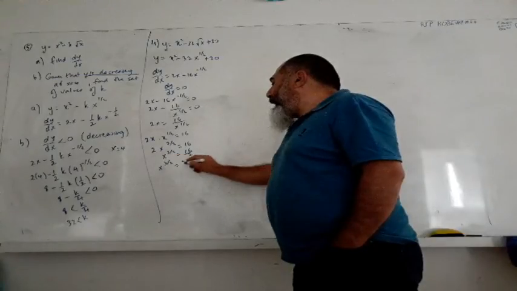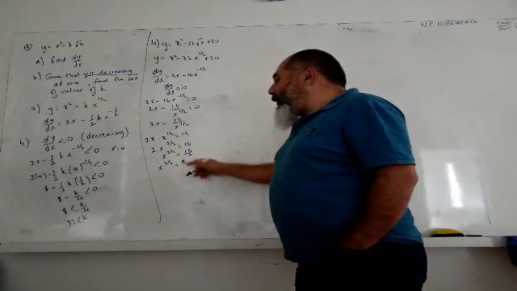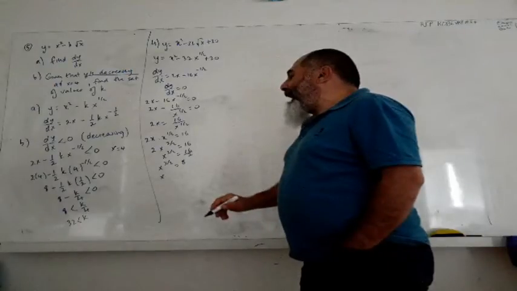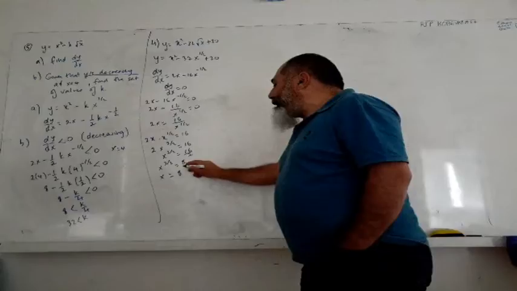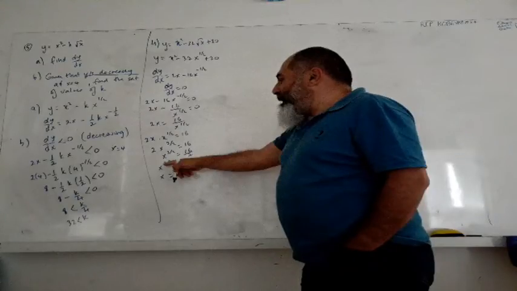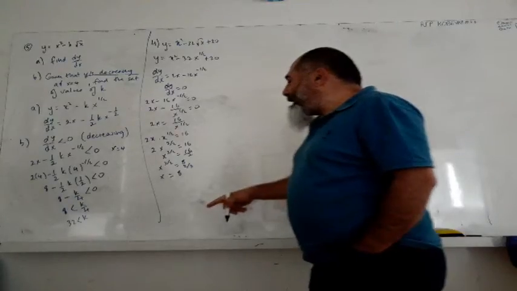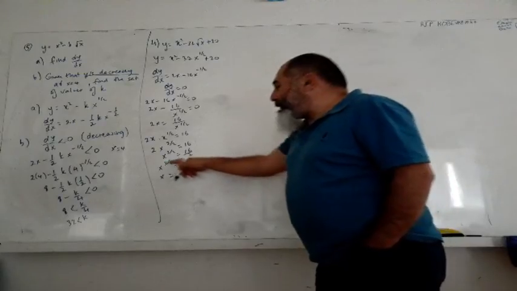So to be able to find the x value, x is equal to 8 to the power of 2 over 3. It was 3 over 2 on the left hand side, so on the right hand side it is going to be 2 over 3. So x is equal to 4.